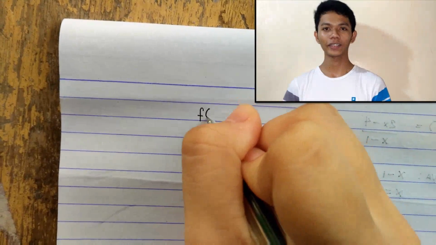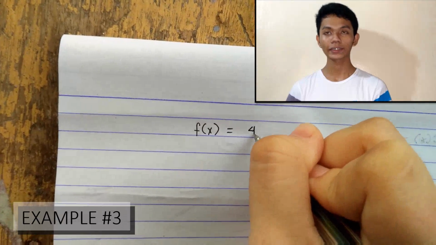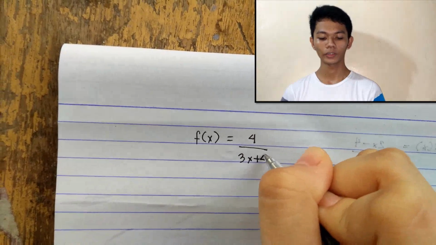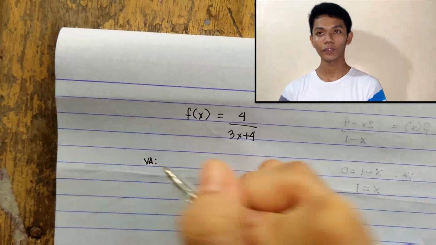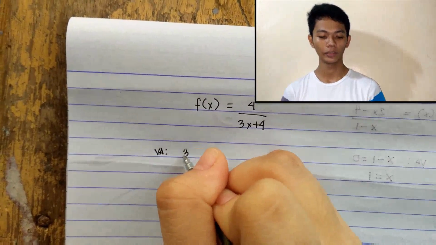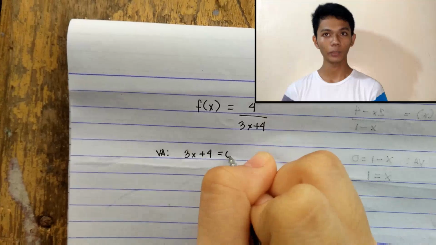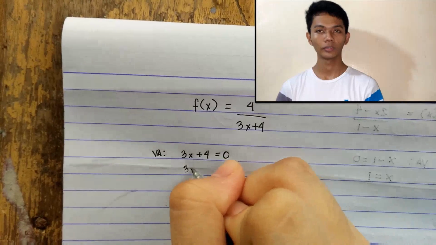Let's have another example. Let's say that f of x is equal to 4 over 3x plus 4. To find the vertical asymptote, let's do what we did earlier. Let's take the denominator. 3x plus 4 equals 0.